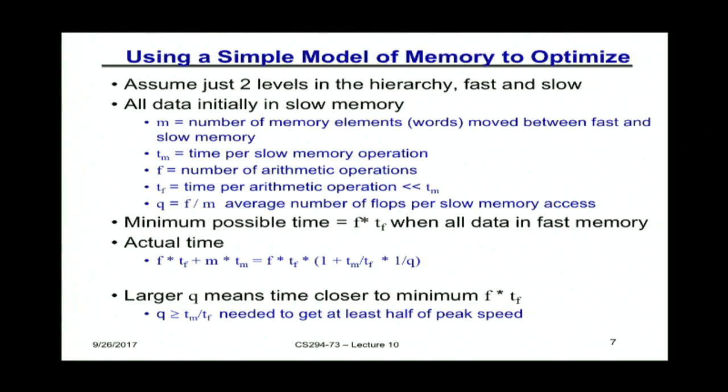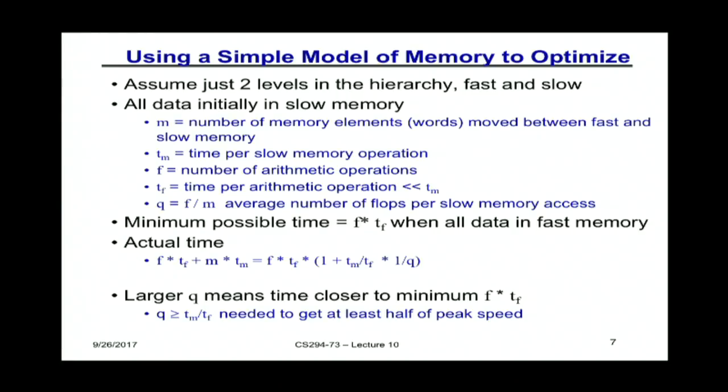That's the communication volume. T sub M is the time per slow memory operation, so how long it takes to access one data item from DRAM. F is the number of arithmetic operations, floating point operations, and T sub F is the time per floating point operation.